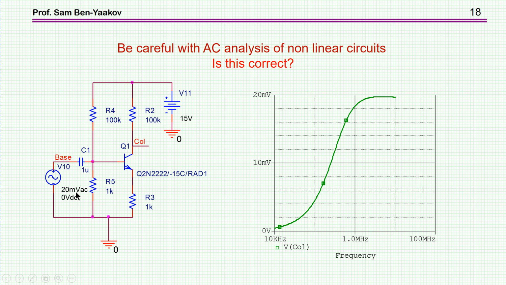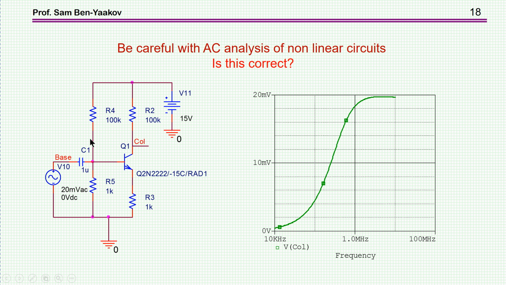It's a small signal, and so it's within the values of the DC, coupled with the 1 microfarad capacitor, and I run it in AC analysis. And this is what I'm getting. Is this correct? Well, yes and no.